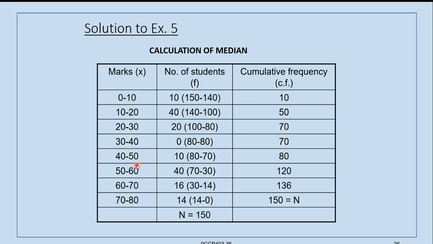That means the values are L1 is equal to 40, n by 2 is 150 by 2, that is 75, Cf is 70, F is 10, and class interval I is the gap, 10, 50 minus 40. So these are the values.